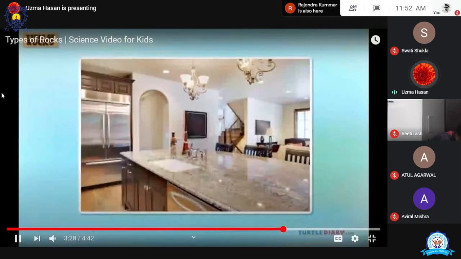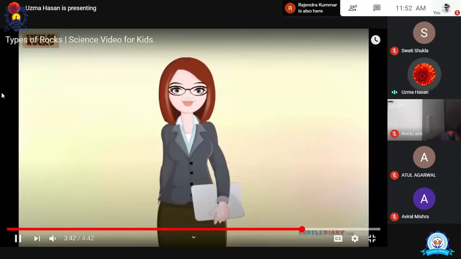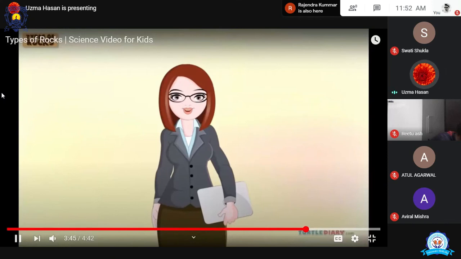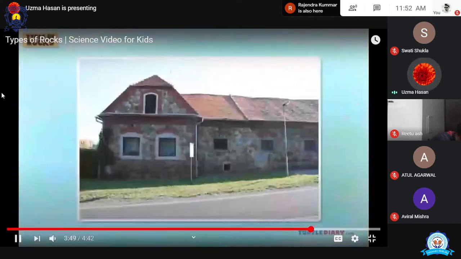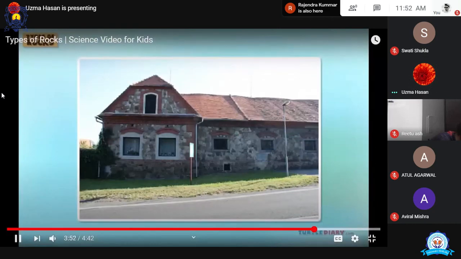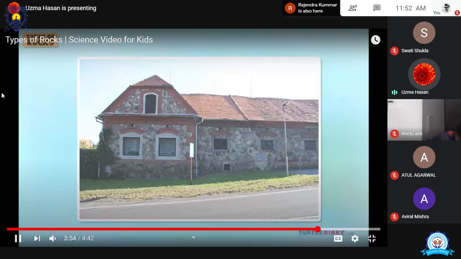Can you think of some ways in which we use rocks? A rock called graphite is used in pencils. We build houses with rocks. We make walls and fireplaces.